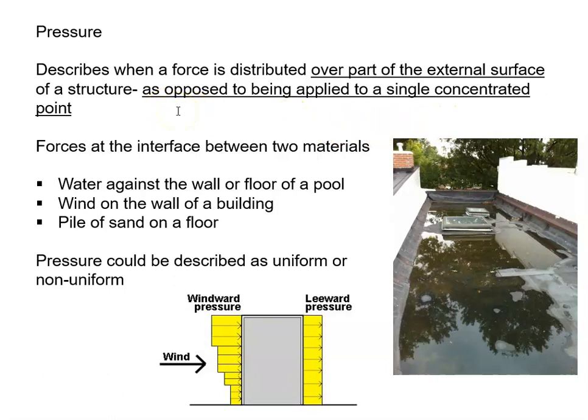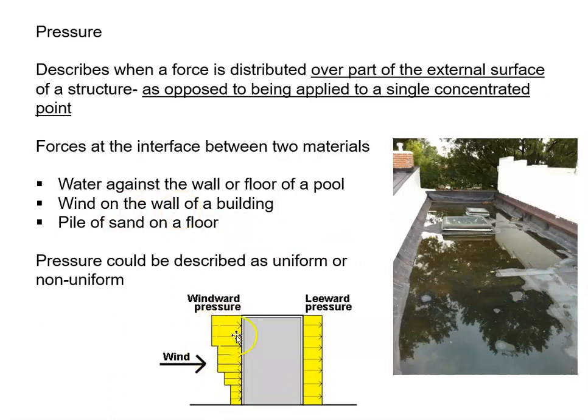So pressure is occurring over a surface, over an external surface. It talks about forces that happen at the interface between two materials. So water on a floor or a roof here, so that pressure is occurring right where the water meets the roof. Window on the wall of a building.